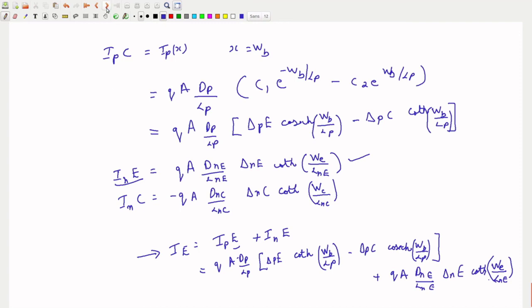Similarly, IC, which is equal to minus IPC plus INC. We can write it as, this minus sign is there, minus QA. Minus sign shows the direction of the current.